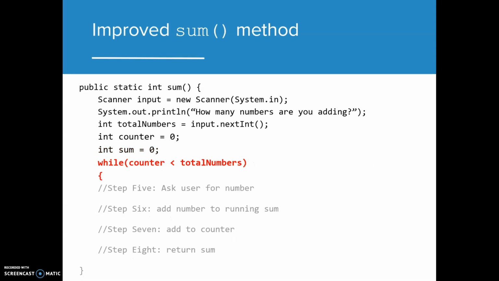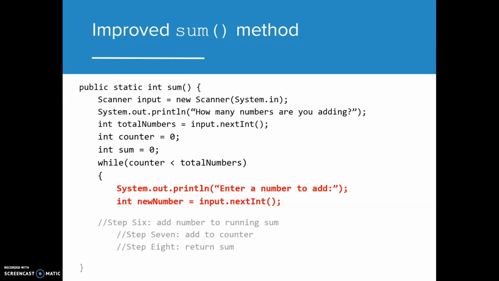Now I'm going to create my while loop, and my while loop says, while the counter is less than the total numbers, what this is going to do is essentially look at how many times I have read a number in, and is it less than the amount of numbers I want to read. And if it is, I continue this process again. Inside the while loop, we're going to prompt the user to enter a value.